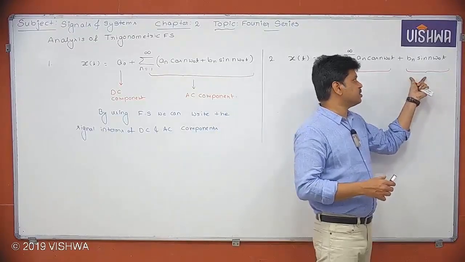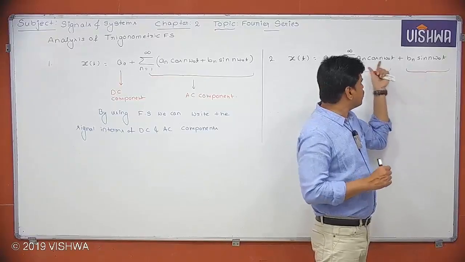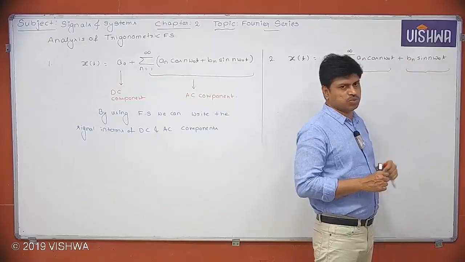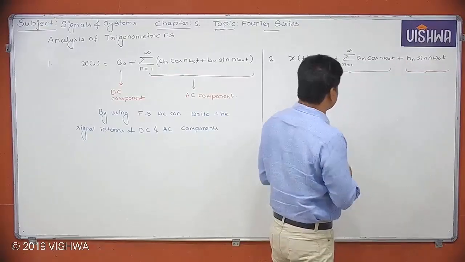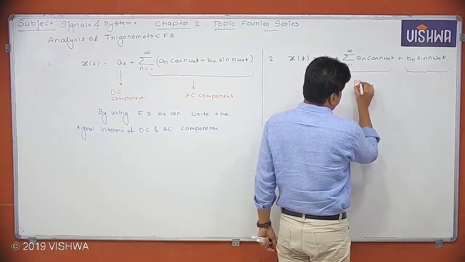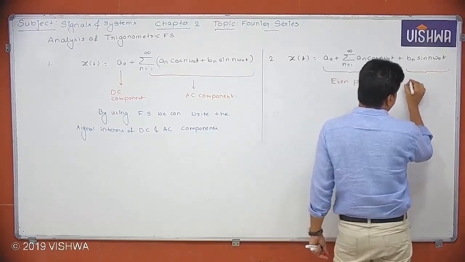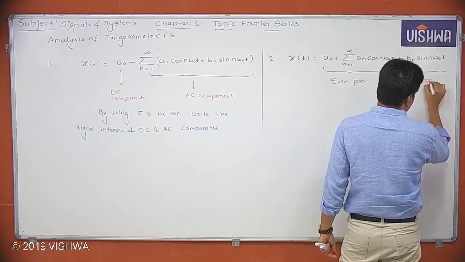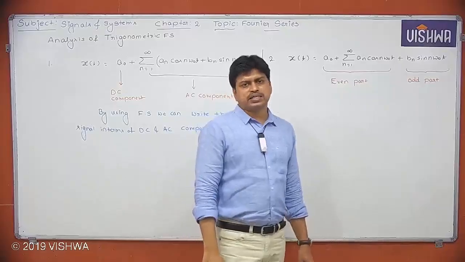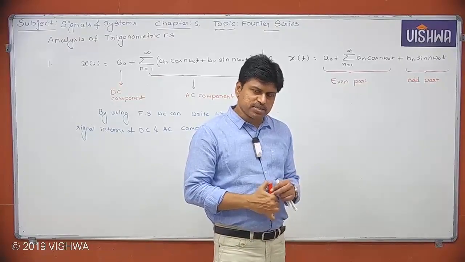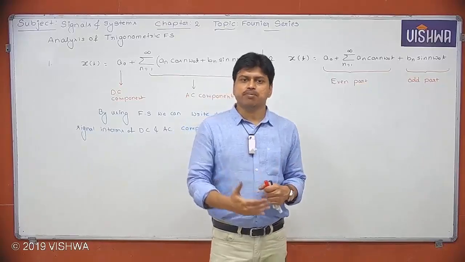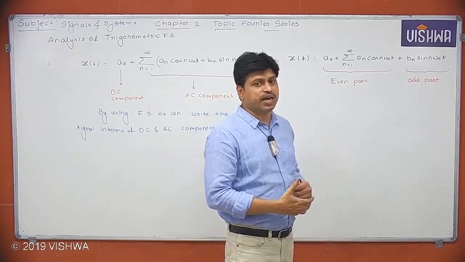If you replace t with minus t in the bn sin term, it will become negative, so this gives you the odd part. As simple as that. So by using Fourier series, I can write the signal in terms of even part and odd part. Yes, definitely I can do that.